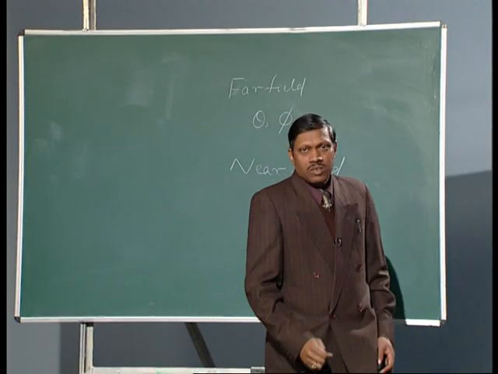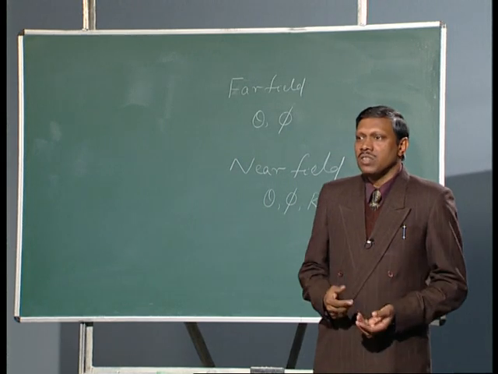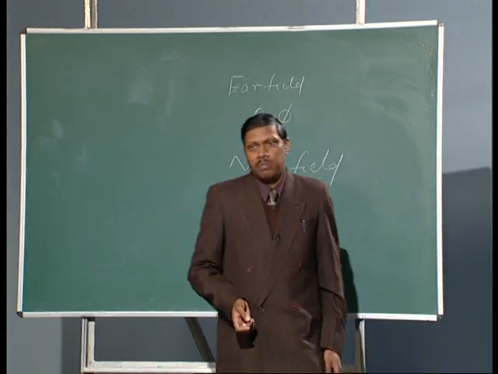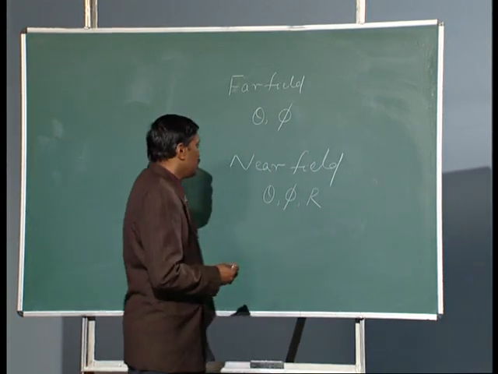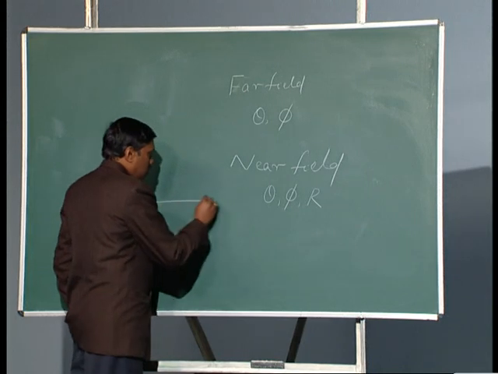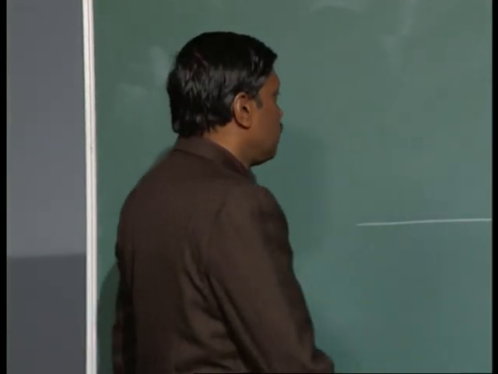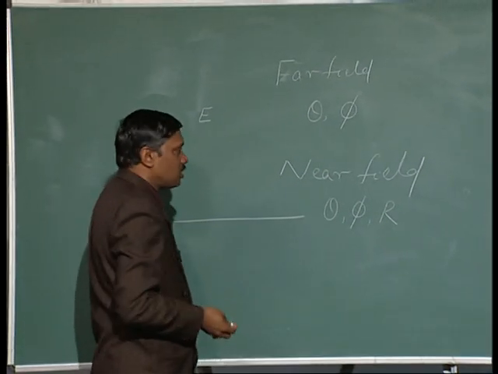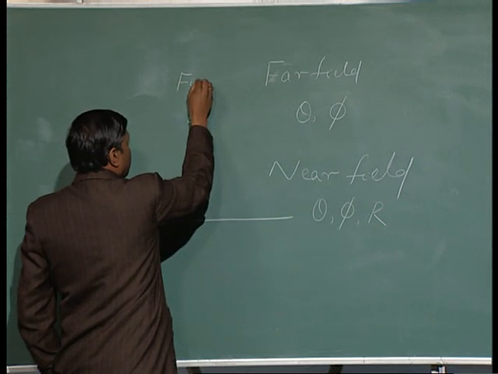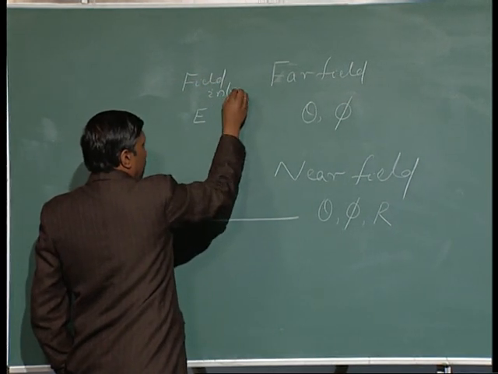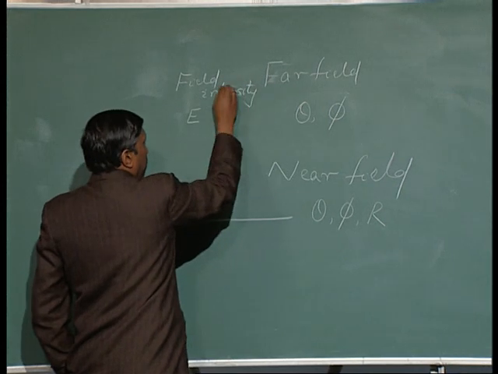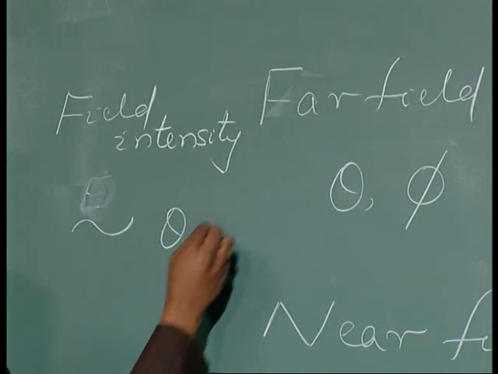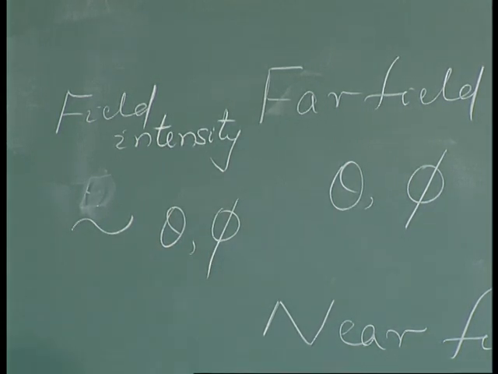So, the distribution of the signals which is getting released from the antenna can now be plotted as a function of electric field intensity or magnetic field intensity, that is field intensity, with respect to theta and phi, or for near field theta, phi, r.